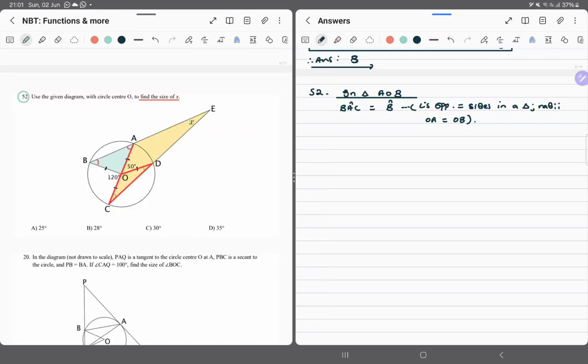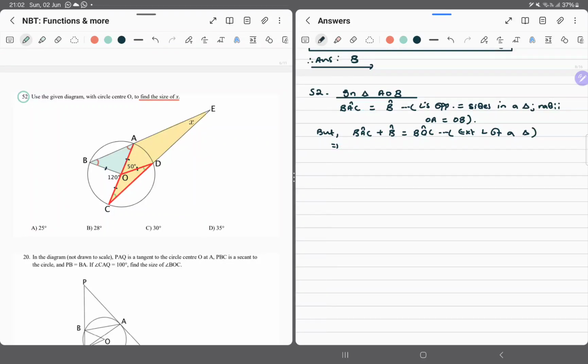But we understand also that essentially this angle BAC plus this angle B should give us angle BOC. Why? This is the exterior angle of a triangle. Same triangle we're speaking about.